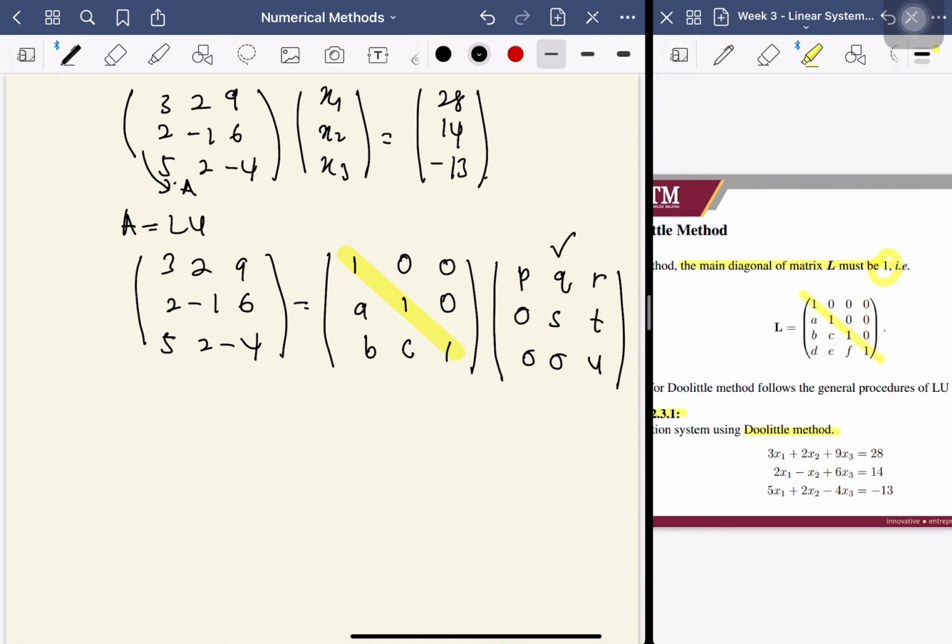We will multiply this L with this U, so you will eventually get this one.